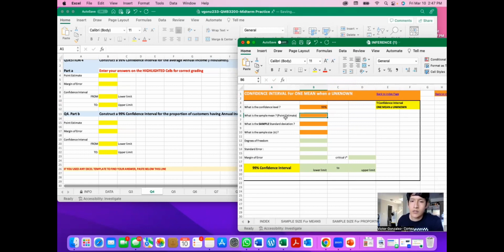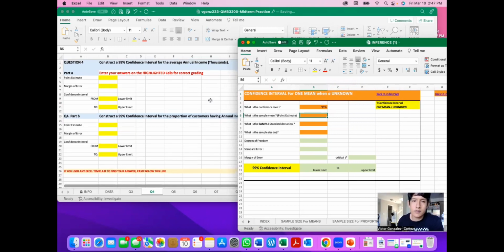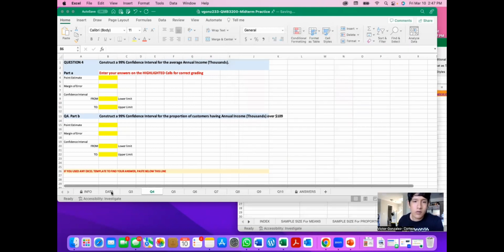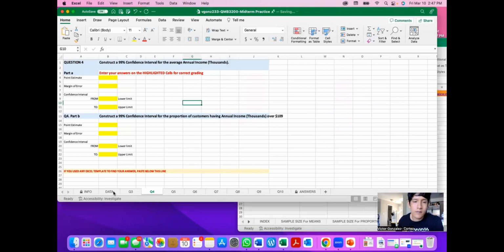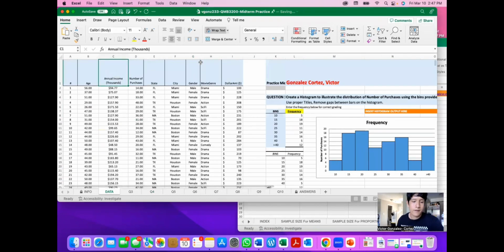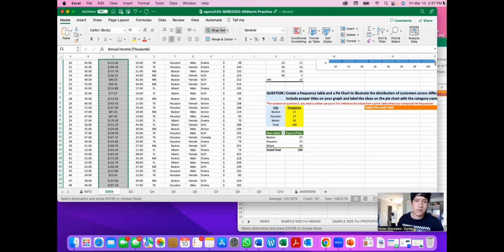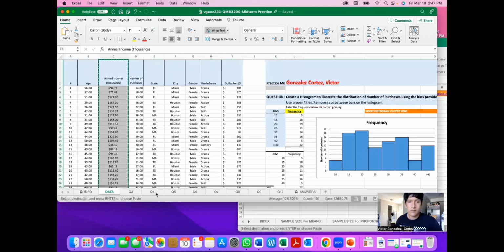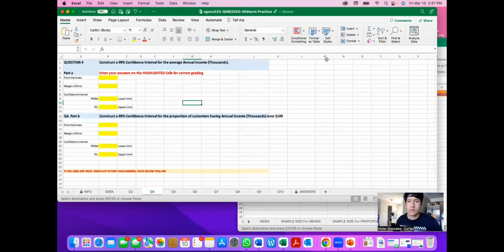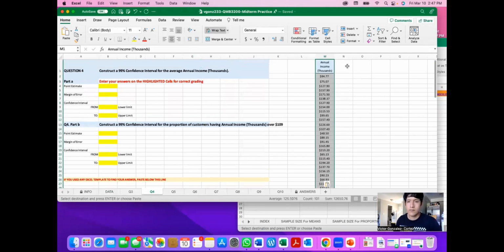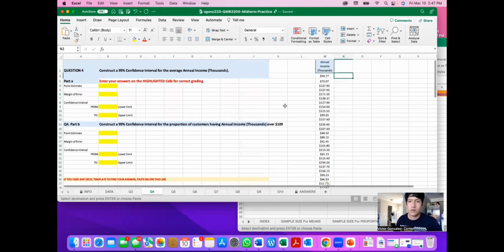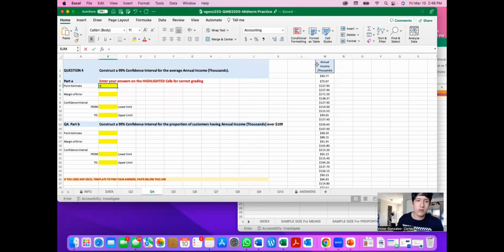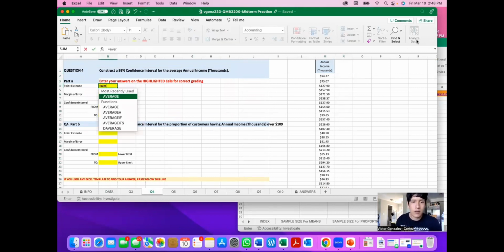Our confidence level is 99%. Our sample mean or point estimate, since it's the average annual income, we go to our data, and our point estimate is going to be our average of the annual income.